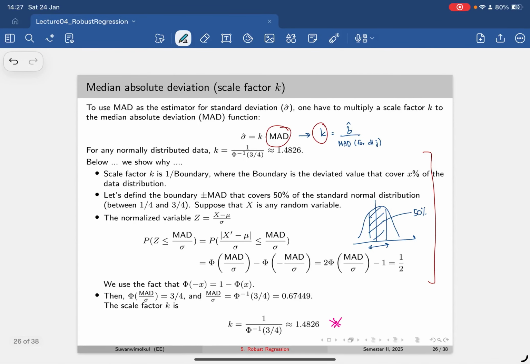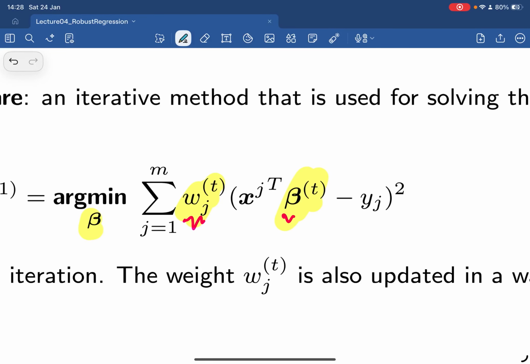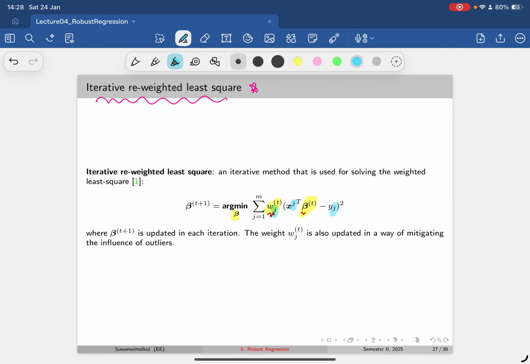So let's go through the one that is more important. To me, this algorithm puts things together, and there are many components that we've learned today. For example, we learned that we can solve for beta using some least squares, but we can also put on some weights so that we can emphasize whether this data sample j pair is to be removed or kept.